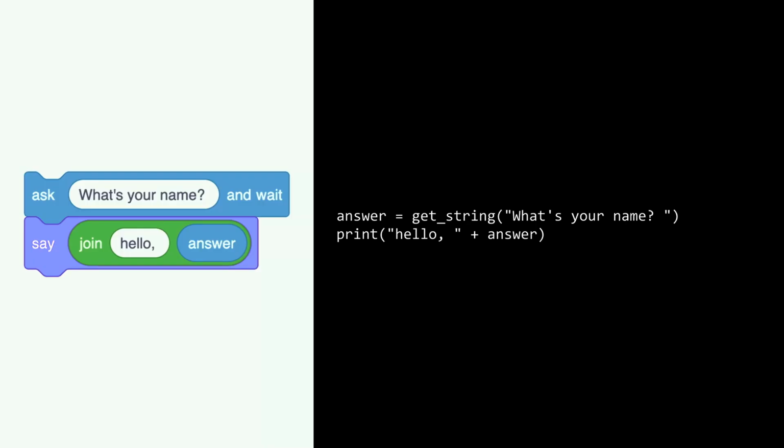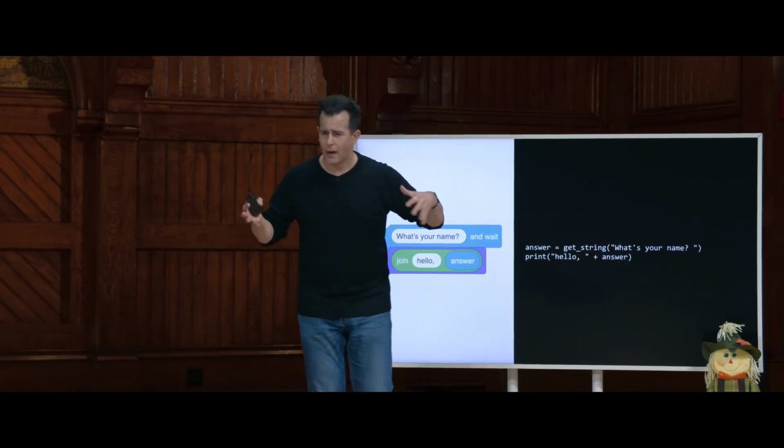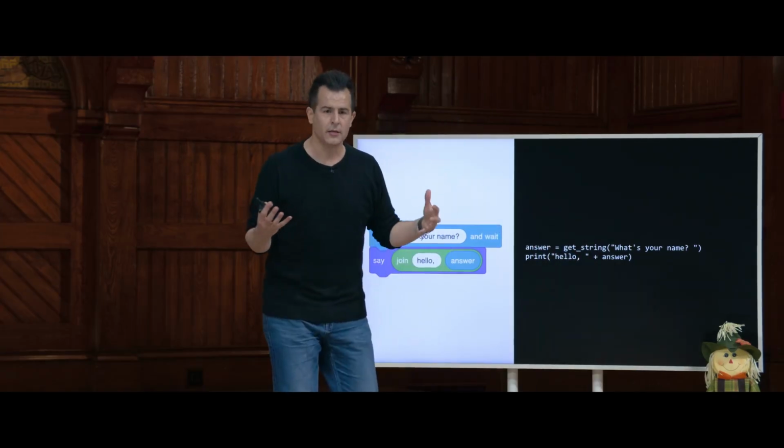So notice I'm still going to use a variable called answer. I'm going to use CS50's function called getString. I'm still going to use quote unquote what's your name, but down here is where we see the most difference. It's again not called printf in Python. It's now called just print. And what might you infer the plus operator is doing here? It's not addition, obviously, in a mathematical sense.